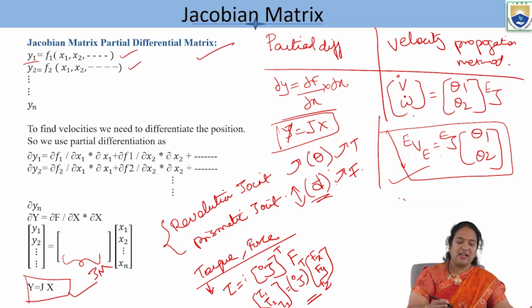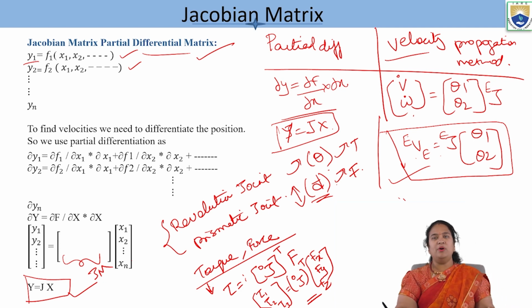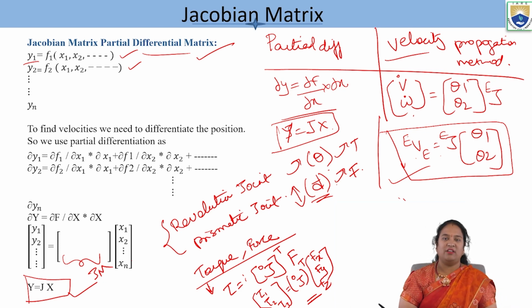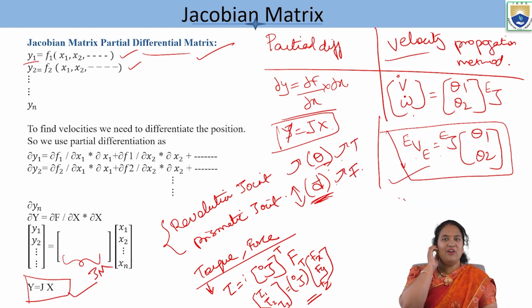How do we find out the singularity? With the help of partial differentiation or the velocity propagation method. And how do we find out the torque and force of the end effector of the robot? With the help of the type of the joint, whether it is a revolute joint or a prismatic joint. In the revolute joint we get an angle theta, and in the prismatic joint we get a linear distance of the robot's manipulator, where in the revolute joint we find out torque, and in the prismatic joint we find out force.